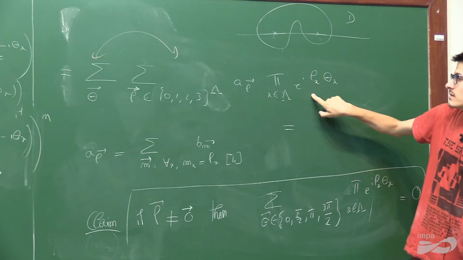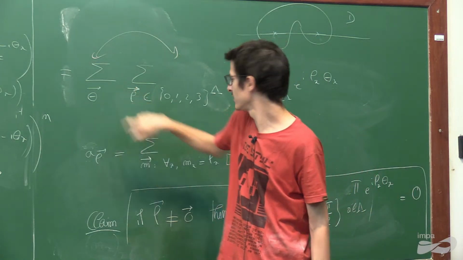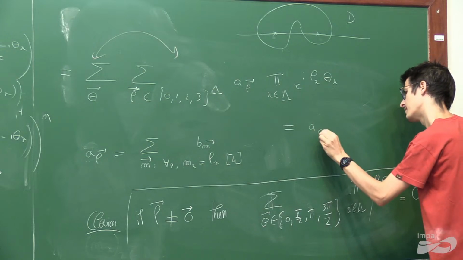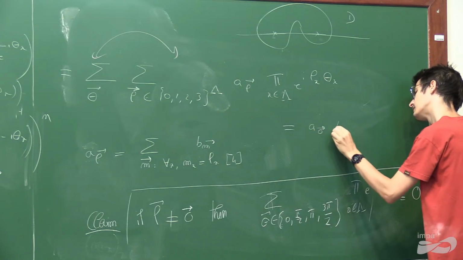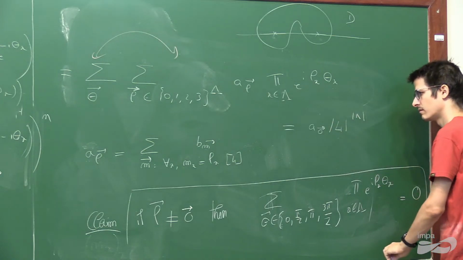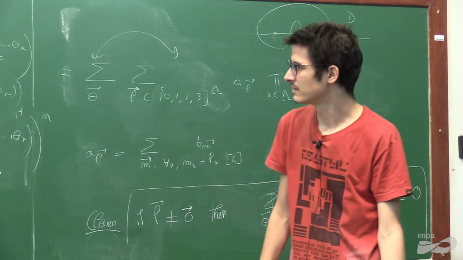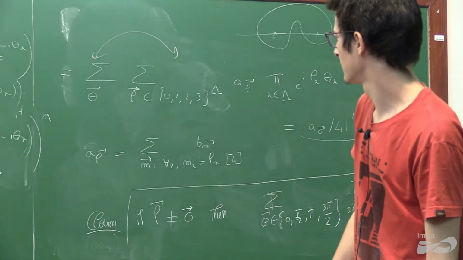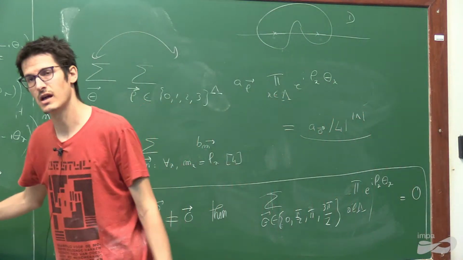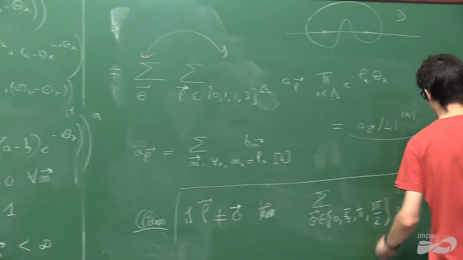So you just have to deal with the cardinality of this set here. So this thing is equal to A0 times 4 to the lambda, and we know that A0 is larger than 1. So this is larger than 4 to the lambda.